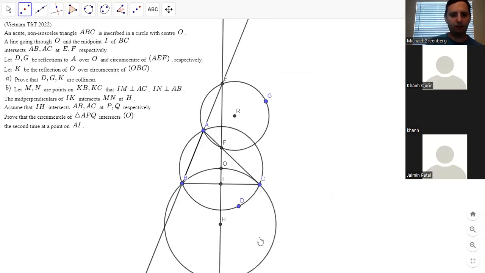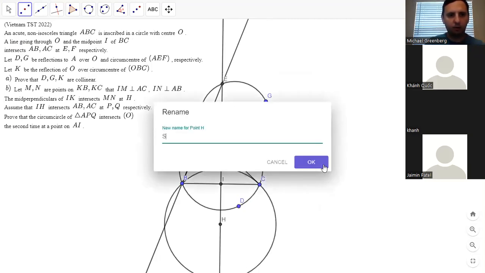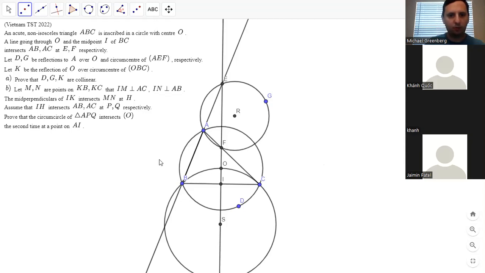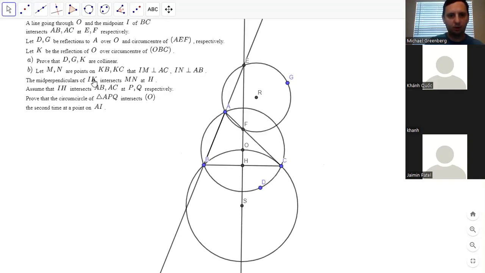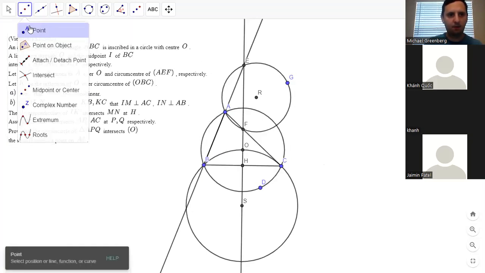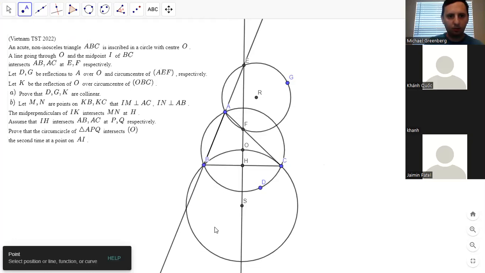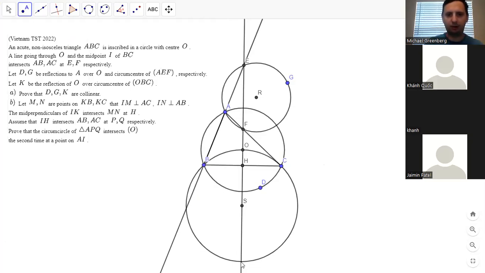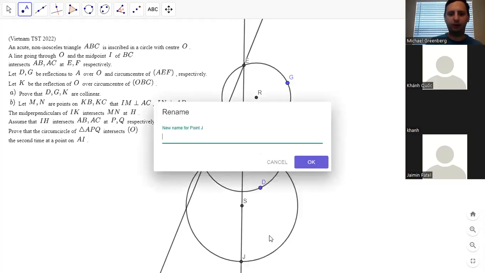Let's call it S. And we want the reflection of O over S. So basically we have another diameter. So this would be K. This is interesting. First we want to show that D, G and K are collinear.